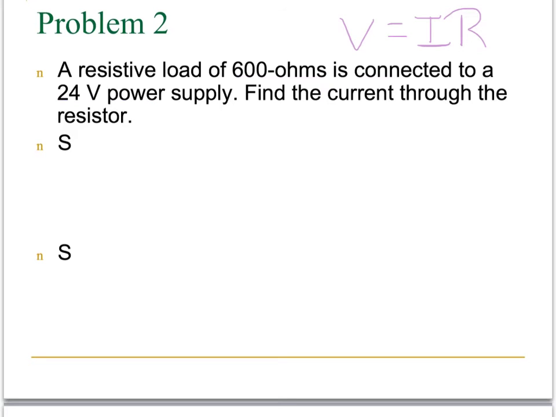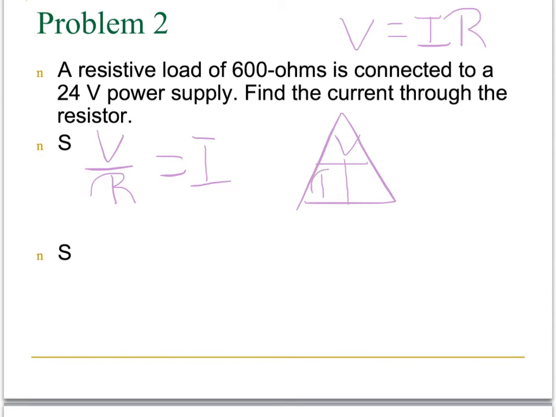To get I by itself, I must divide both sides by R. So that gives me V divided by R equals I. Because this is only a 3-variable equation, we can always use the triangle method as well. V goes on top, R and I go on the bottom. Remember, the middle line is to divide, and the vertical line is to multiply.